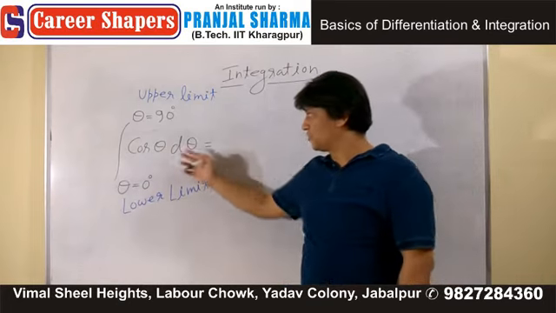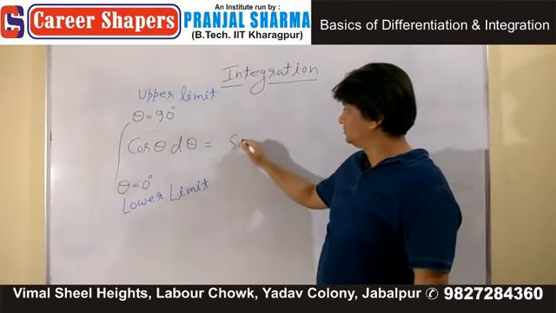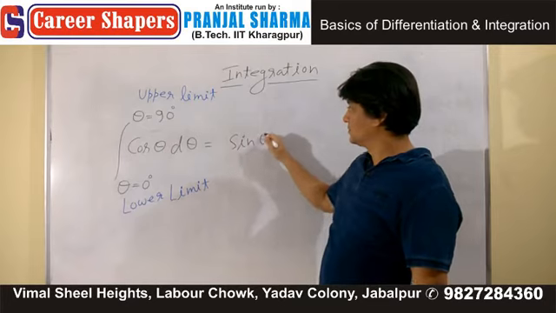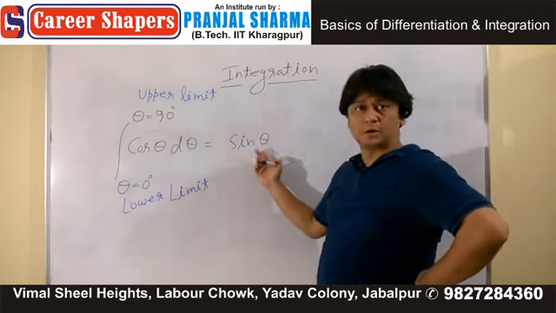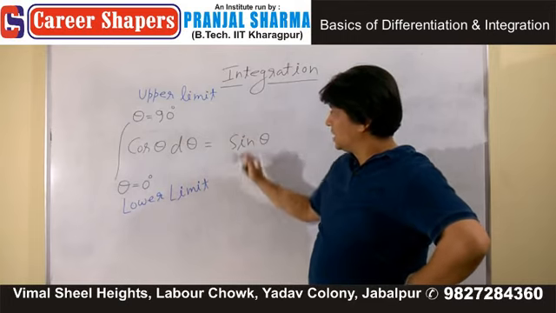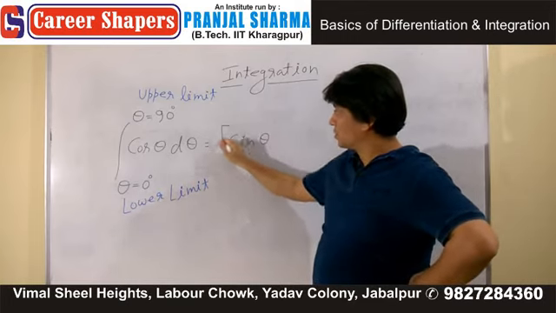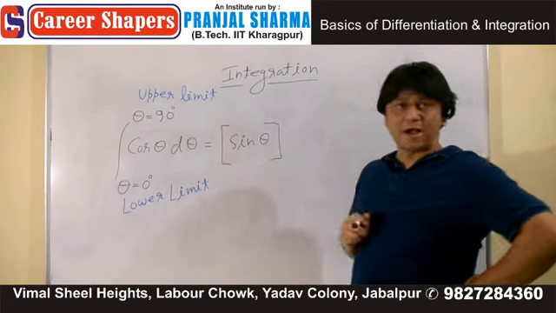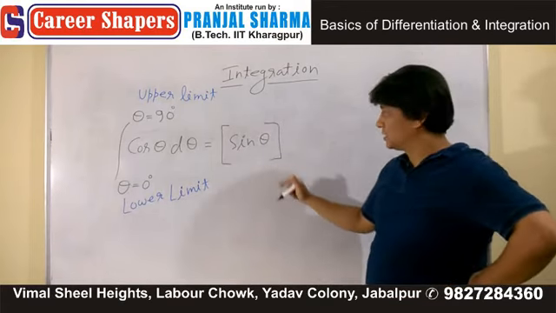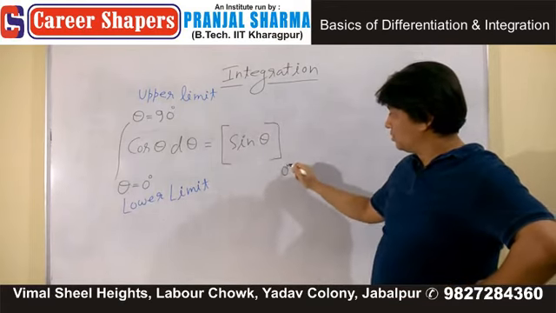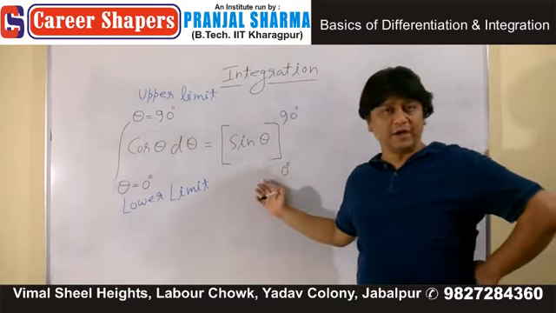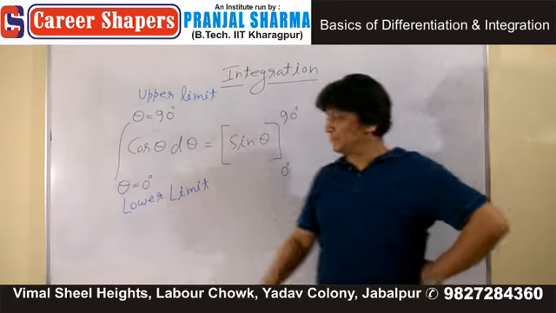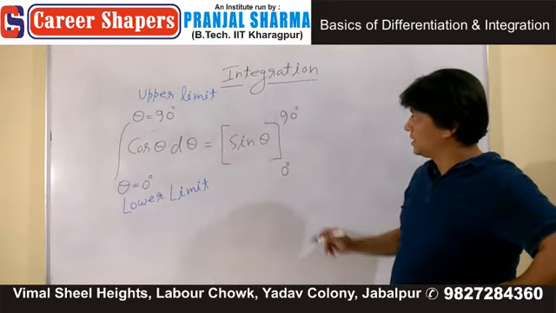What is the integration of cos? Remember, differentiation of cos is minus sine, but integration is plus sine. Once you do this, we use large square brackets. Write down 0, write down 90. You can use theta like this, or simply say 0 and 90.